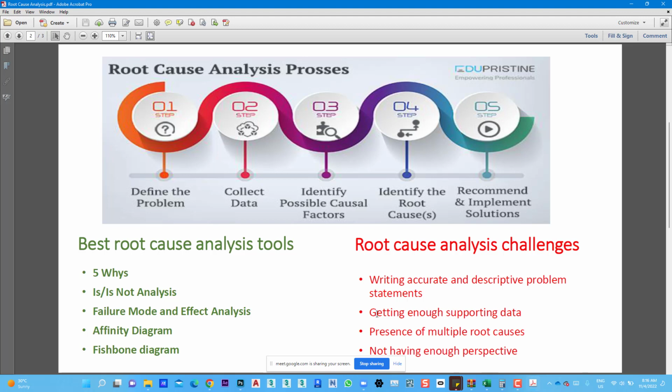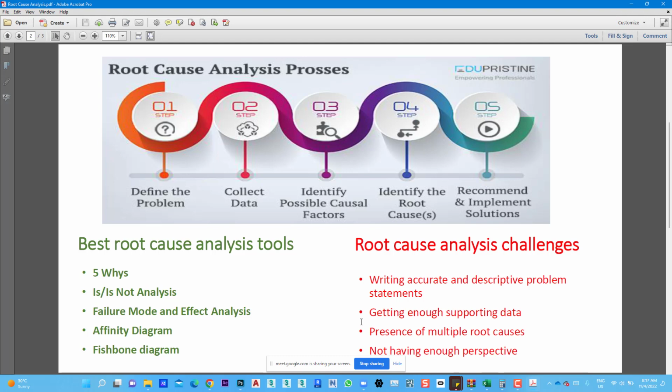Multiple root causes might be there in many of the problems, so identifying all of them is also one of the key challenges. And the last one is not having enough perspectives. So we need to take different perspectives of the root cause or of the problem, and why it occurred.